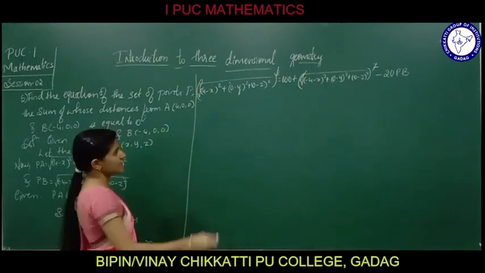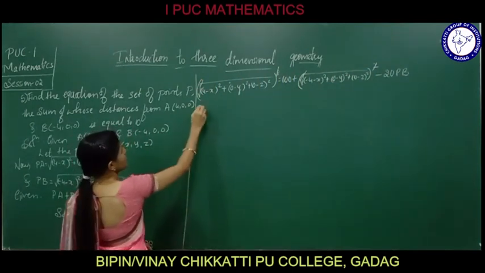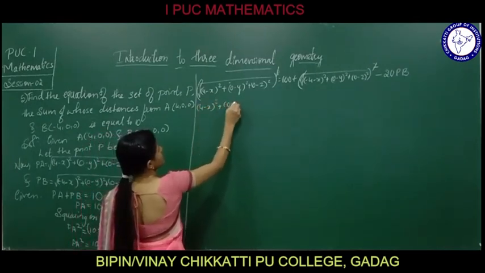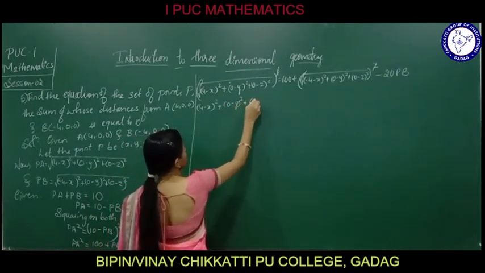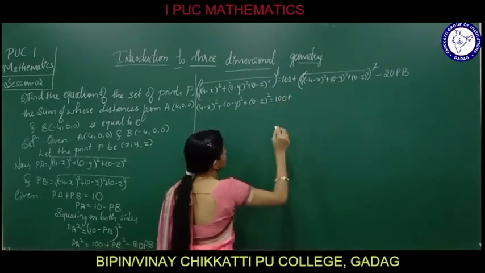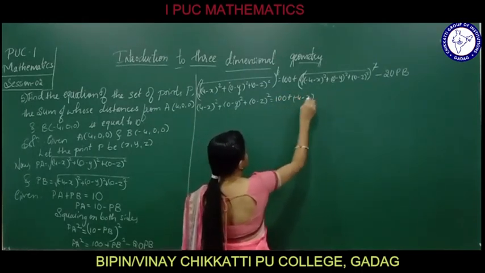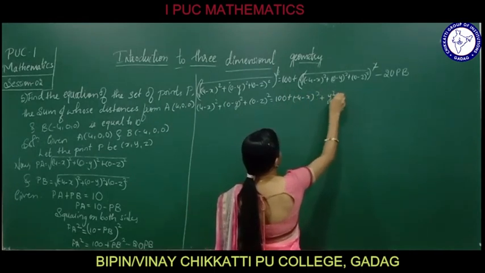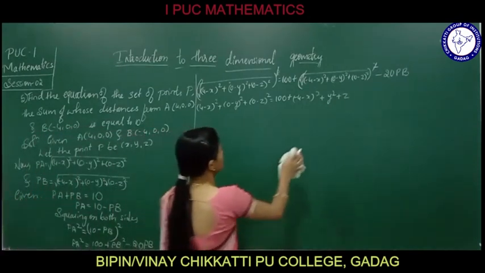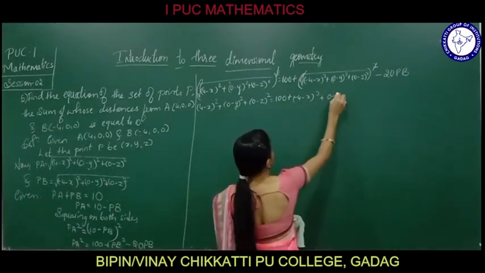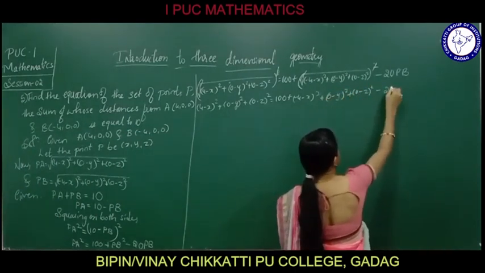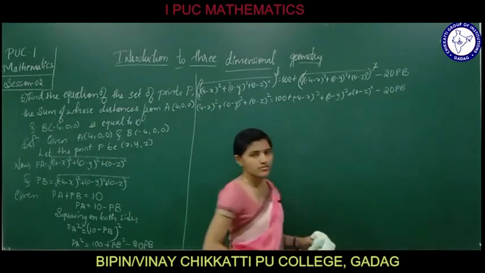We are left with 4 minus x whole square plus 0 minus y whole square plus 0 minus z whole square is equal to 100 plus minus 4 minus x whole square plus 0 minus y square plus 0 minus z square minus 20 PB. This is what we have, right?